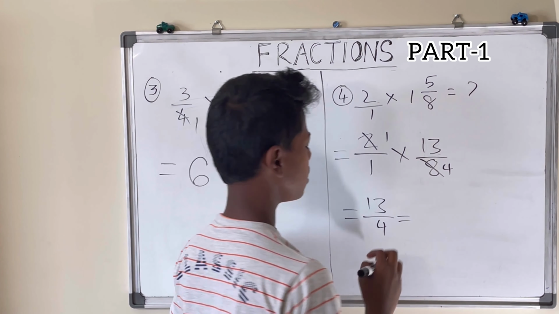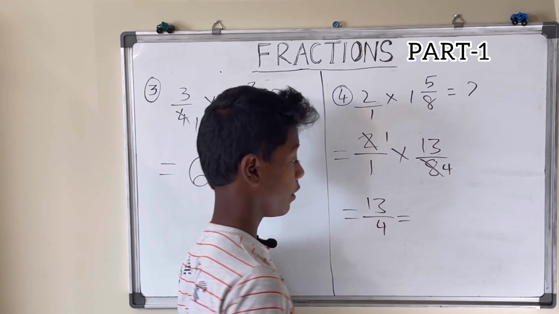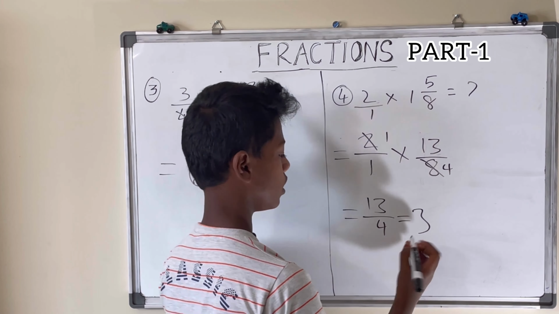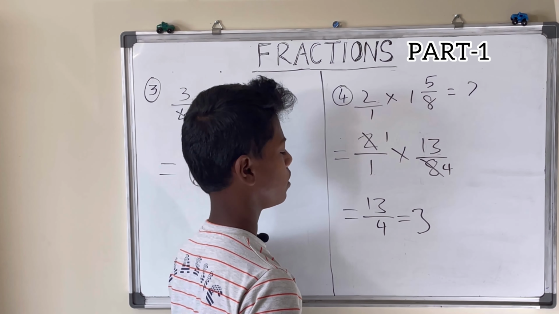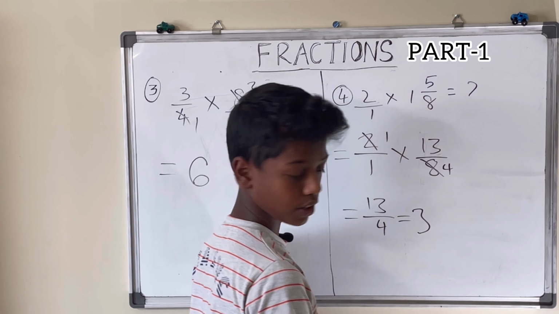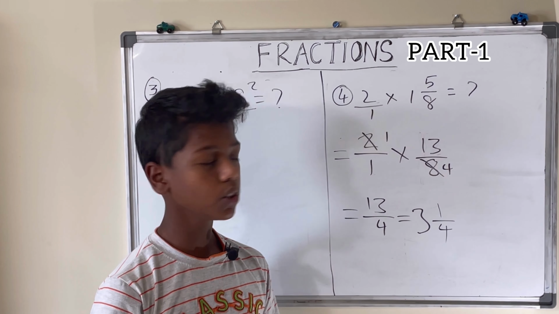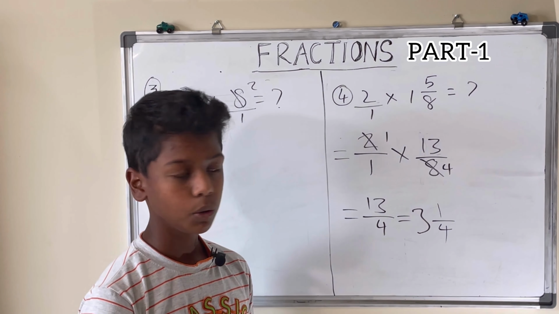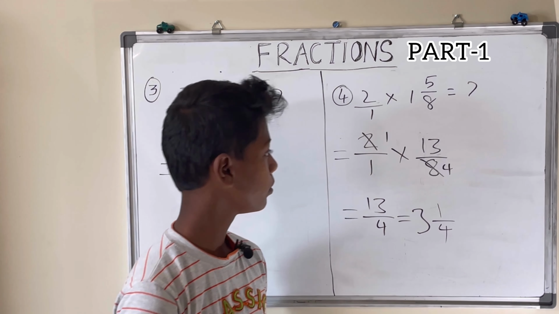So I'm going to see how many 4s go into 13. Well, 3. So I'm going to put 3, and now we see what's left. There's 1/4. So I'm going to write 1/4 beside our 3. So 2 multiplied by 1 and 5/8 equals 3 and 1/4.